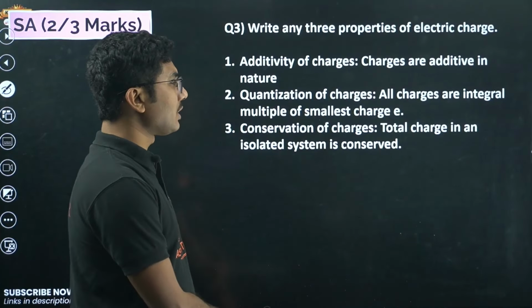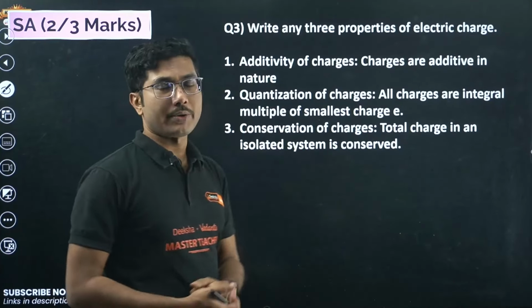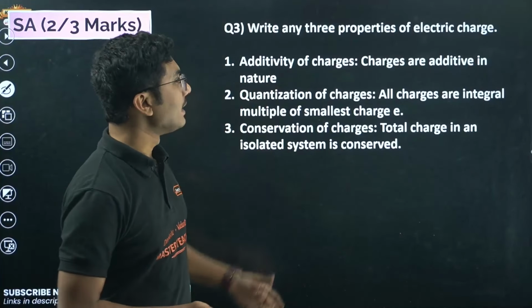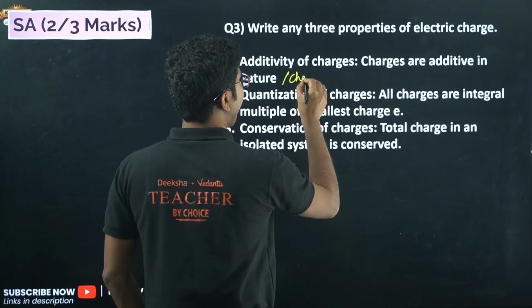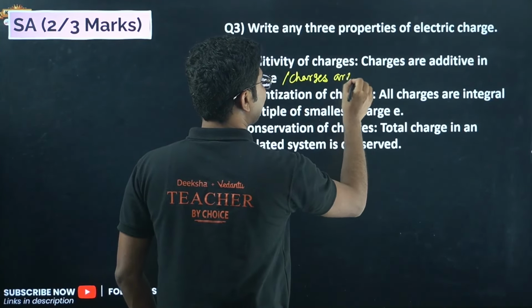Conservation of charges: total charge in an isolated system is conserved. You have to mention the properties and explain each using at least one line. You can mention that charges are additive in nature, or that charges are scalar.